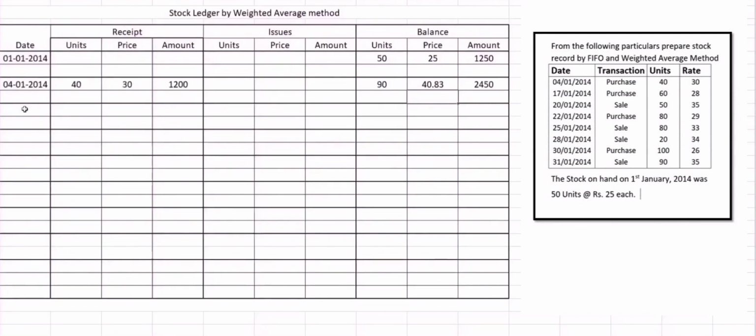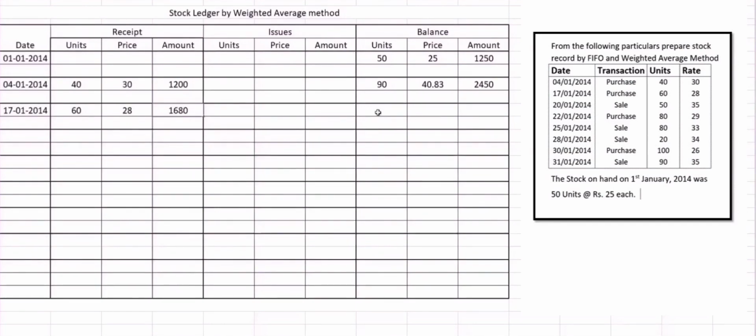Now we are having second transaction as on 17th January 2014. On that day also we are purchasing units. We have bought 60 units at the rate of 28 and hence cost of the same will be 1680. Now coming to the balance.